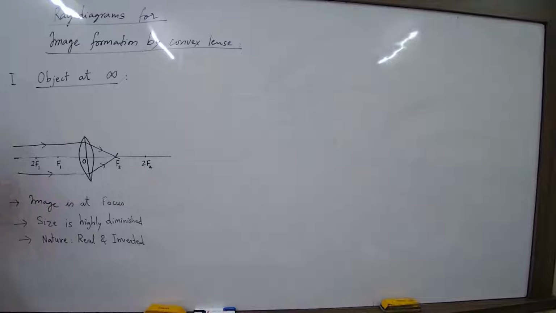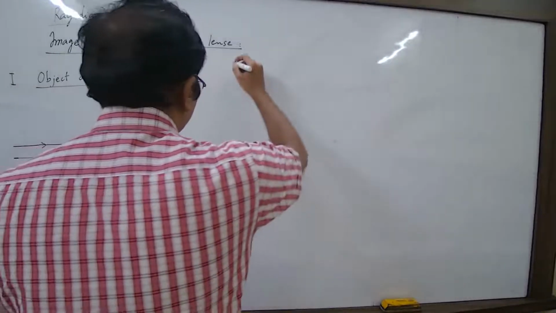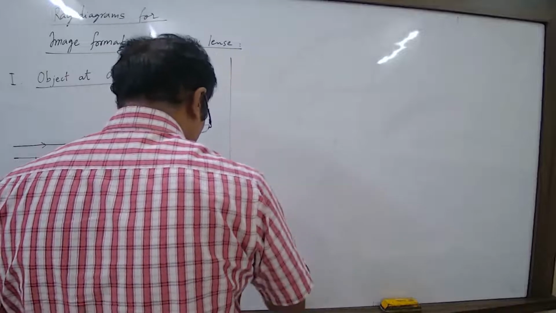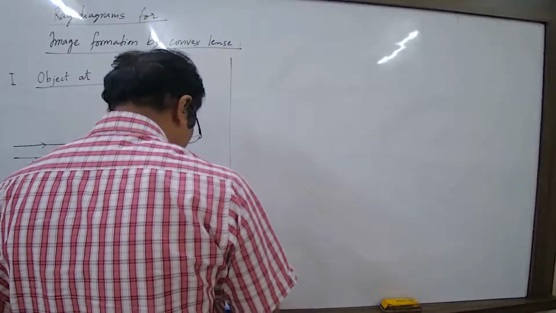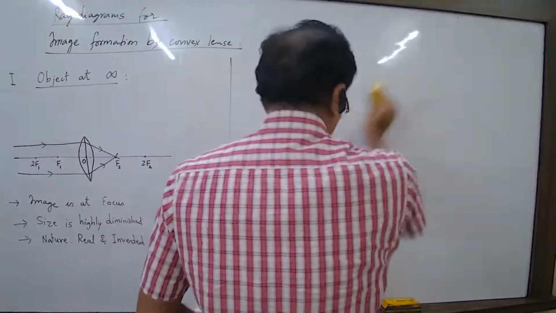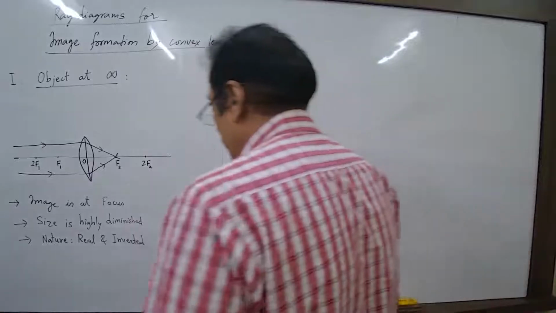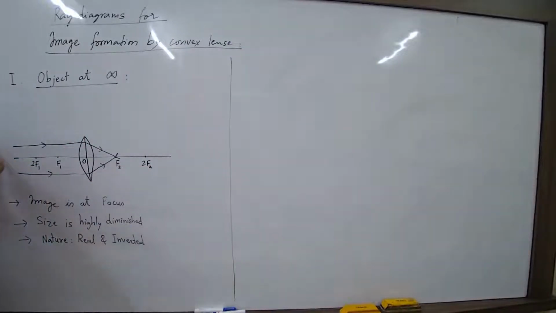Right now, this is the ray diagram for object at infinity. What are the rays that you take for image formation? One is the ray traveling parallel to the principal axis.